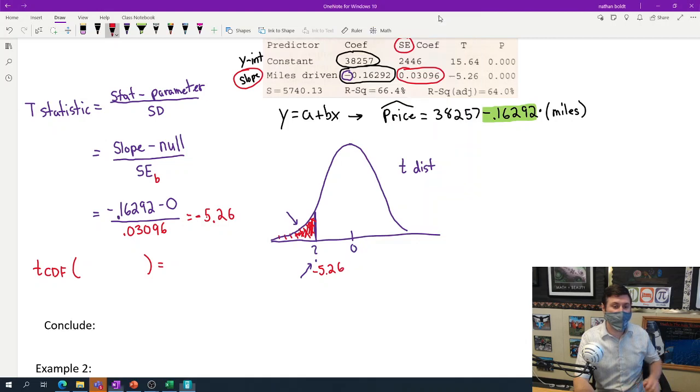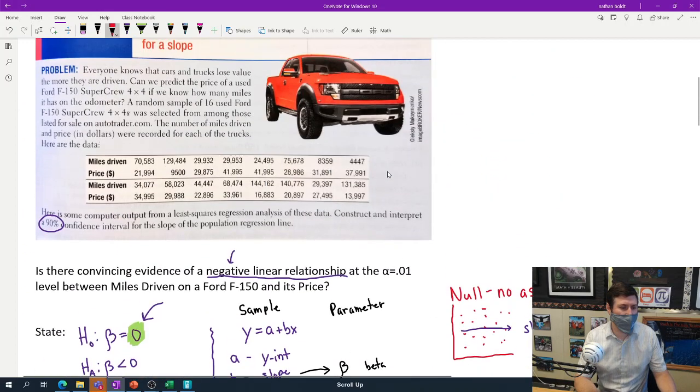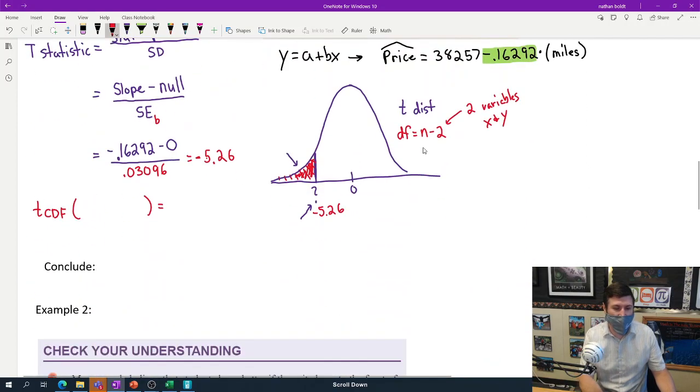What are my degrees of freedom? Remember, degrees of freedom for a t-distribution in this case is n minus 2, because we have two variables, x and y. What was our sample size? 1, 2, 3, 4, 5, 6, 7, 8 on the top, and then 9, 10, 11, 12, 13, 14, 15, 16 trucks. So our sample size was 16, minus 2.